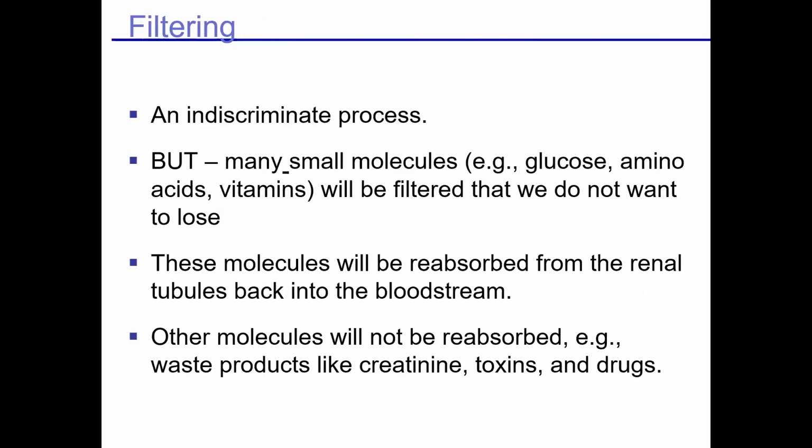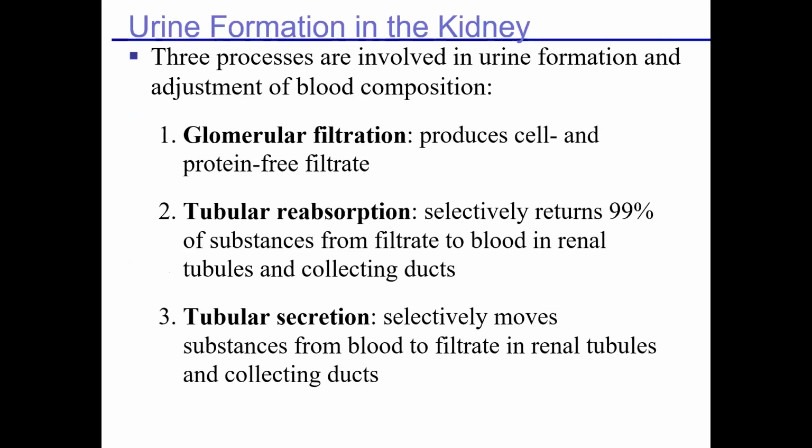Okay. So as I said, filtering is indiscriminate. If it fits through the opening, it's going to go through. And then the things that we want to keep, we're going to recover in the tubules. So three steps give us urine.